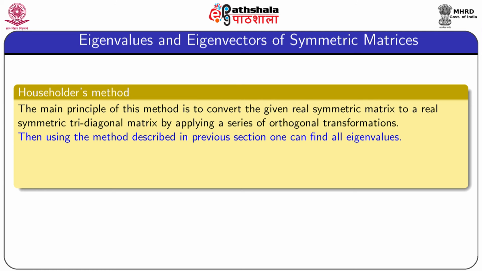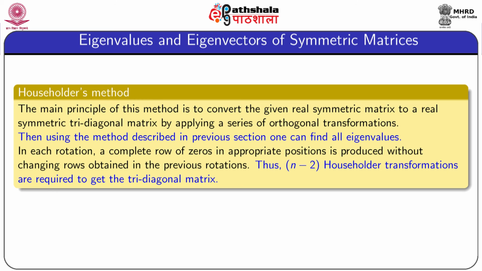Then using the method described in the previous section, one can find all eigenvalues and corresponding eigenvectors of a real symmetric matrix. In each iteration, a complete row of zeros in the appropriate position is produced without changing rows obtained in the previous rotation. Thus, n minus 2 Householder transformations are required to get the tridiagonal matrix.